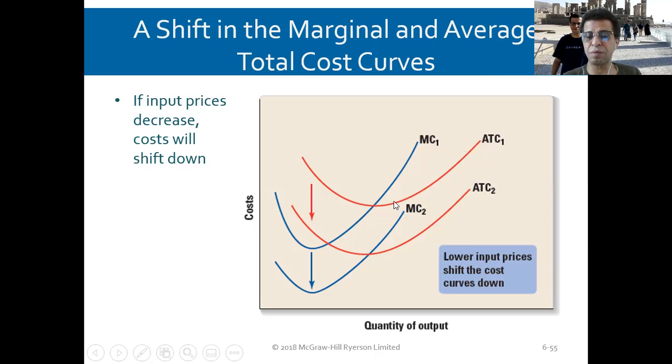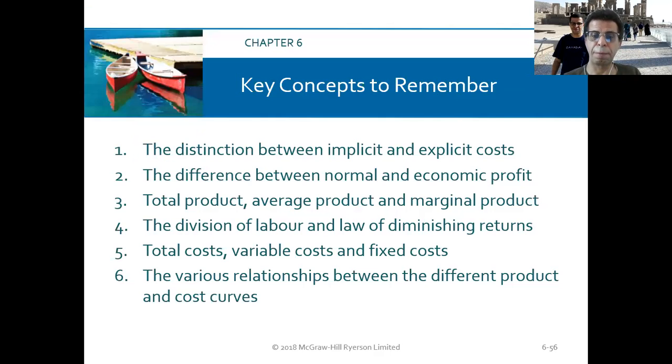Now at the same time, you can produce more units. So your marginal cost also is going down, because all the costs you're putting in are going down together. So lower input prices shift the cost curve down more. It goes from average total cost one to two, which means your total cost for producing goes down, so it shifts more, and you're willing to produce more.